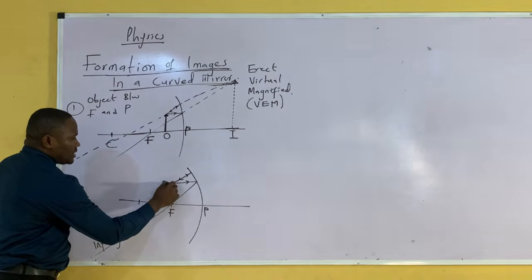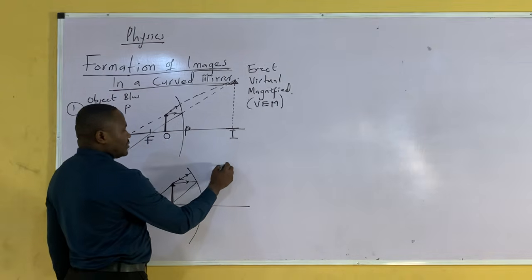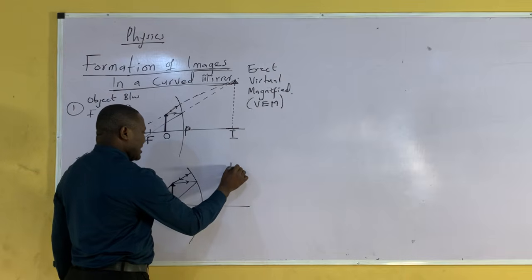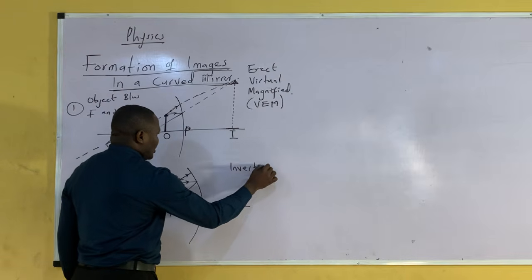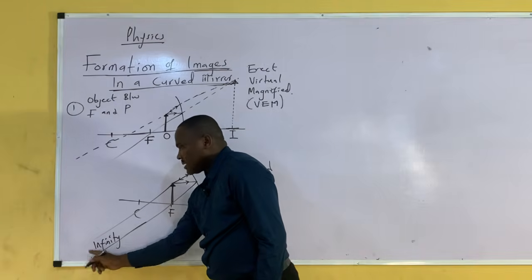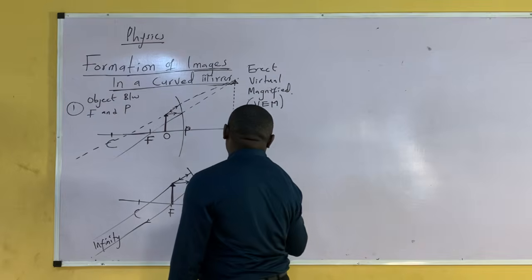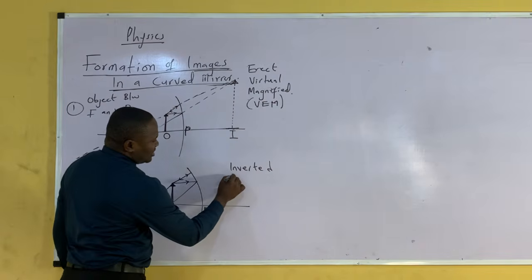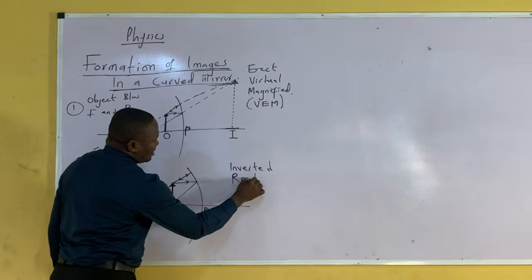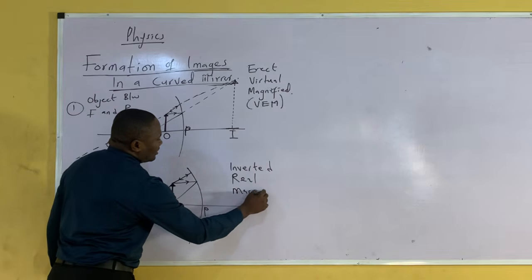Anytime the object is placed at F, what's the nature of the image formed? The image is inverted. Wherever this image will meet, it will be an inverted image. The image is real, and the image is magnified.